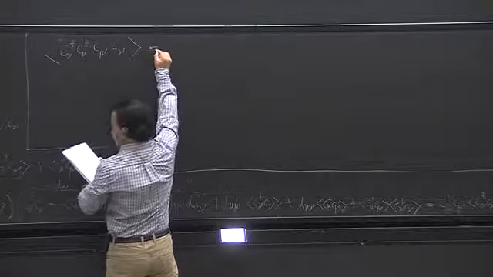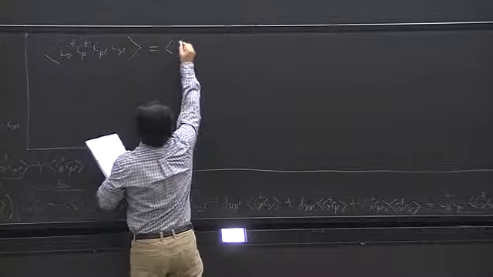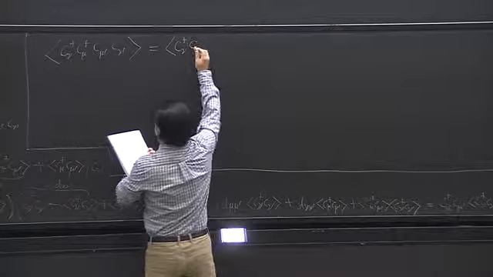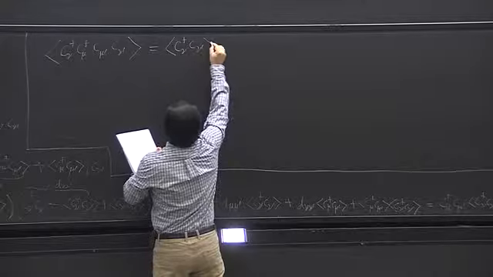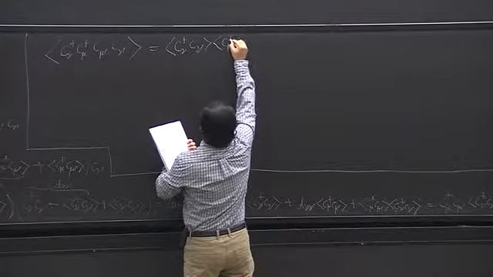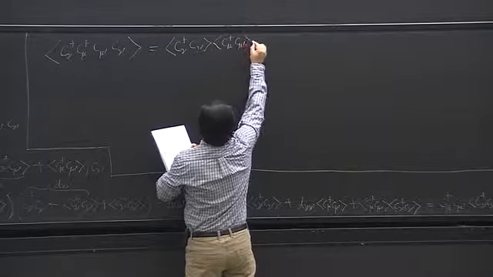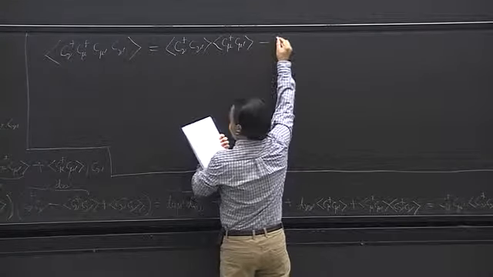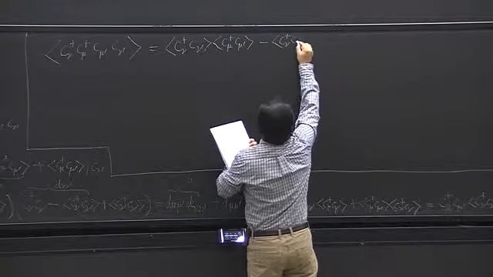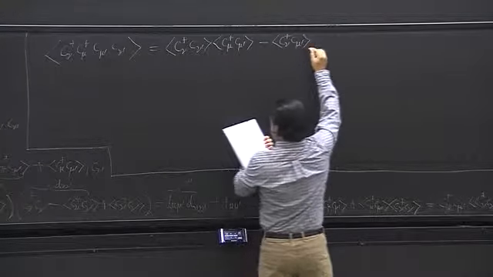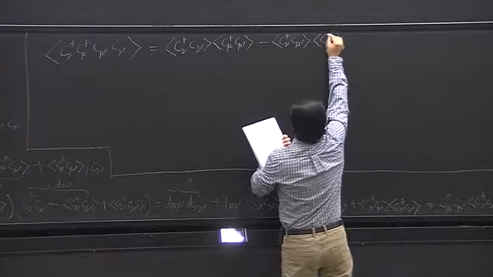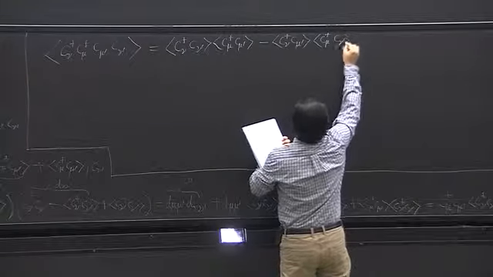So this quantity is equal to C nu dagger, C nu prime, C mu dagger, C mu prime, minus C nu dagger, C mu prime, and C mu dagger, C nu prime.